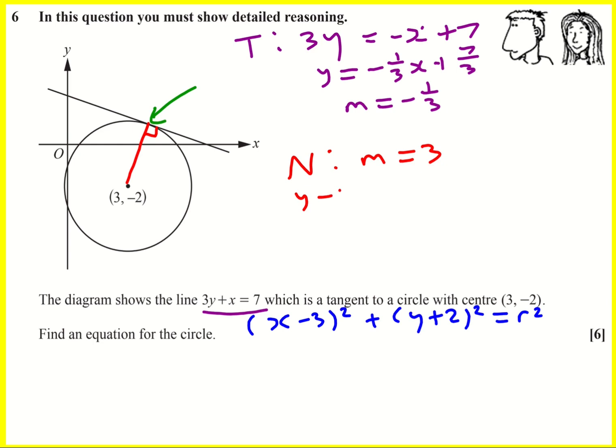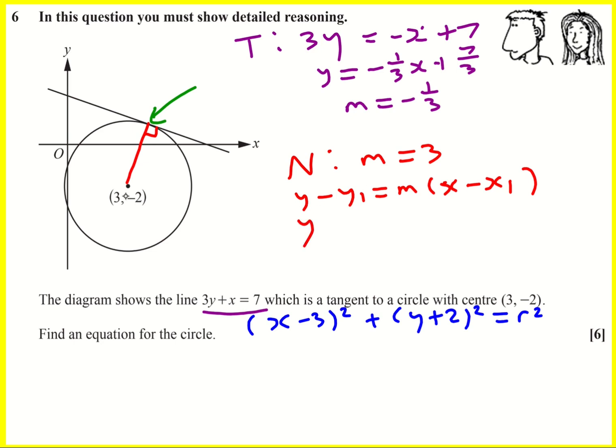From which we can use y - y1 = m(x - x1). I always advise using this form of the straight line equation, because you don't have to worry about rearranging an equation to get c. It's called gradient-point form. You just substitute your gradient in and you substitute your point in.